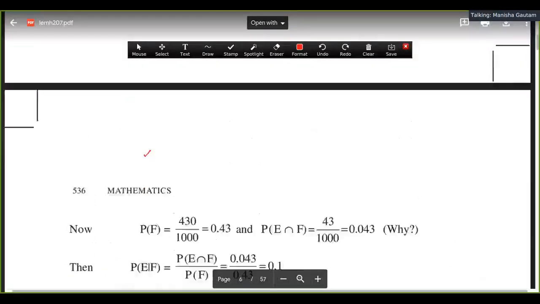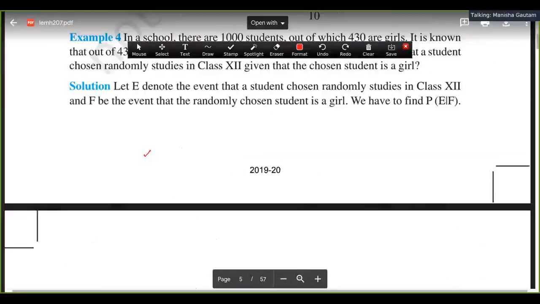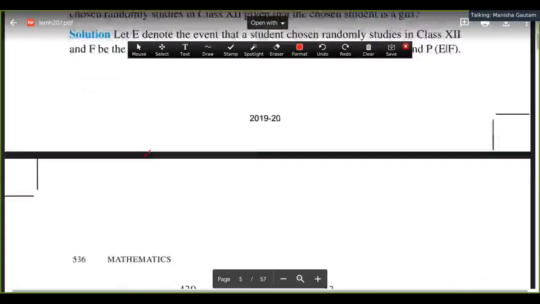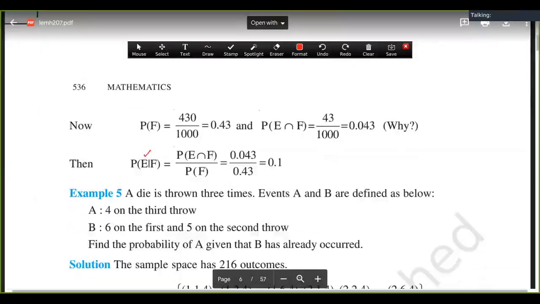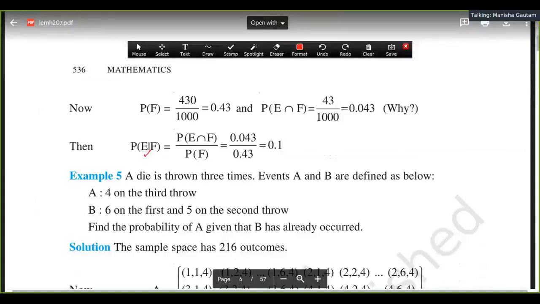You can see here, E is the event student studying in class 12th and F is she is a student or girl. Yes, she is studying in class 12th and she is a girl. Probability of intersection E and F upon probability of F. Put the values, you will get 0.1. This is the answer.